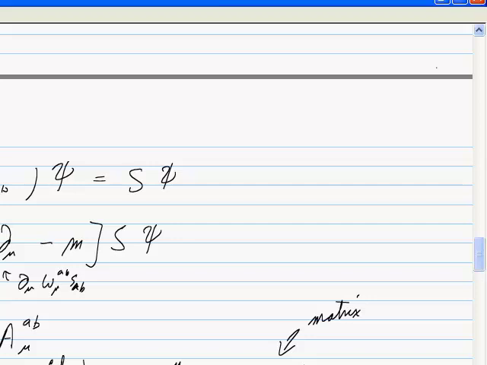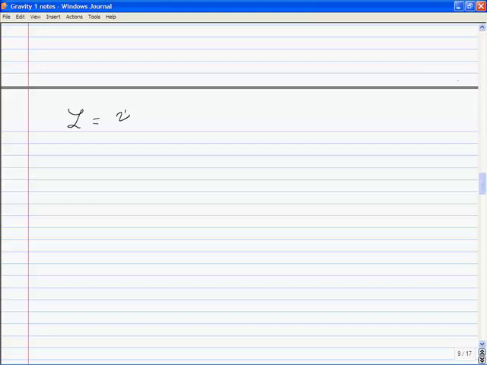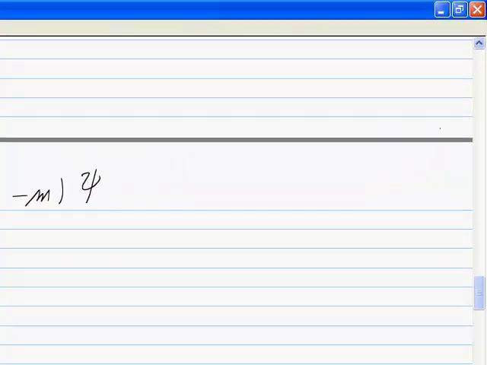Well, the trick now is to choose the transformation property on A such that we get an invariant. So our Lagrangian to start with is then going to be psi-bar gamma^A D_A minus M psi, and we're allowed to choose the transformations of A to make this an invariant, just like we did for gauge fields.